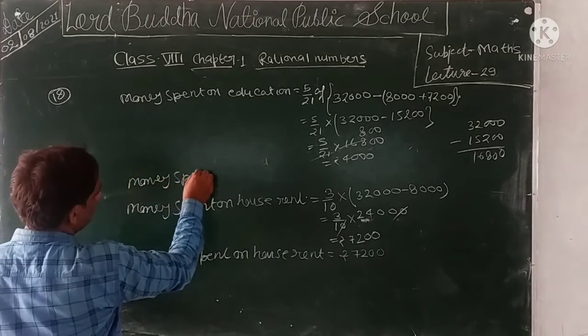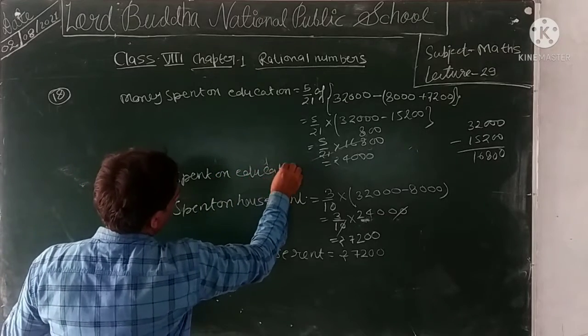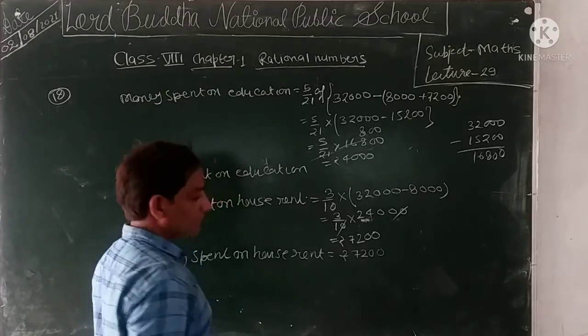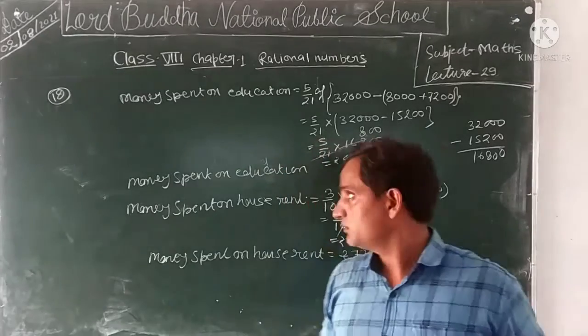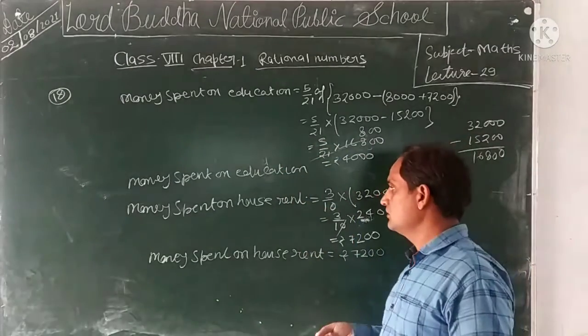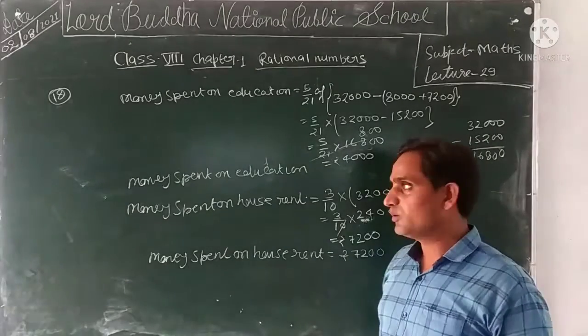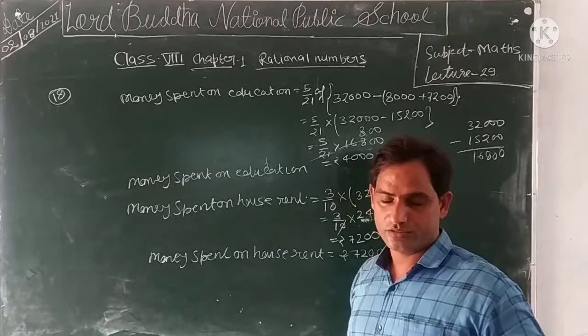Money spent on education equal to 4000. We see that he spent 8000 on food, 7200 on house rent, and 4000 on education.